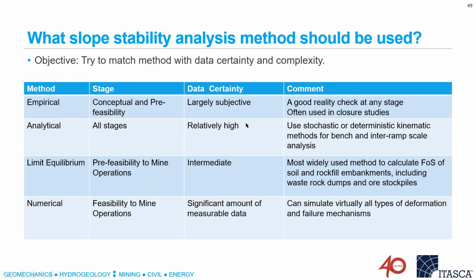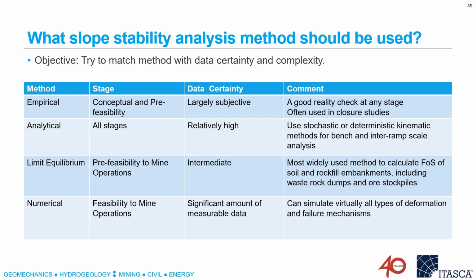So I'll just kind of go through this. Empirical methods, I think, are a really good reality check on anything we do. Maybe we're looking at a slope, just make sure that it doesn't disagree with any of the empirical evidence.